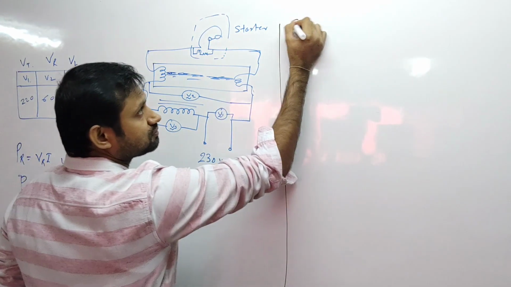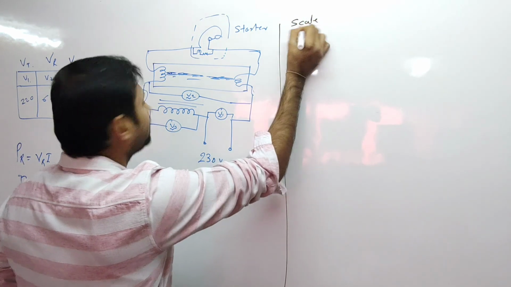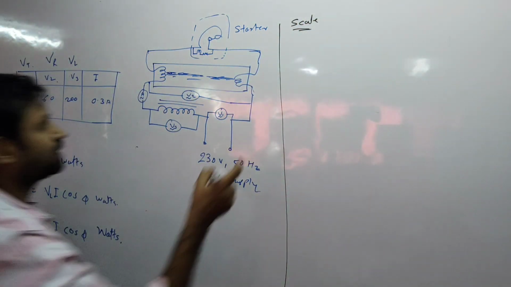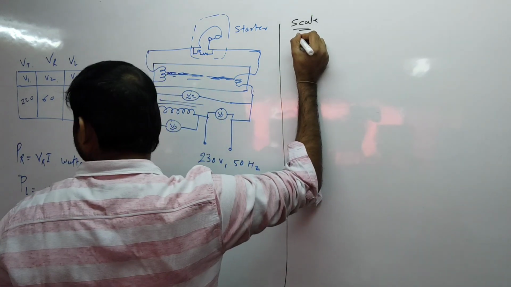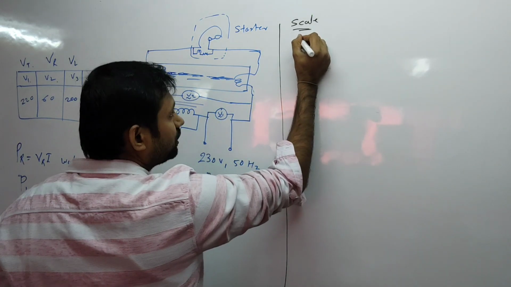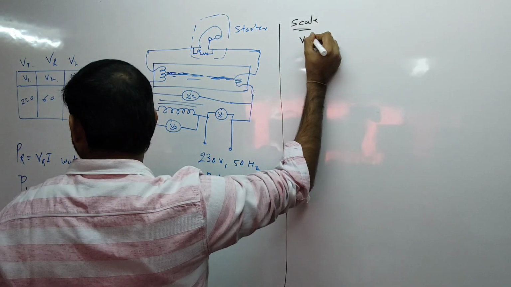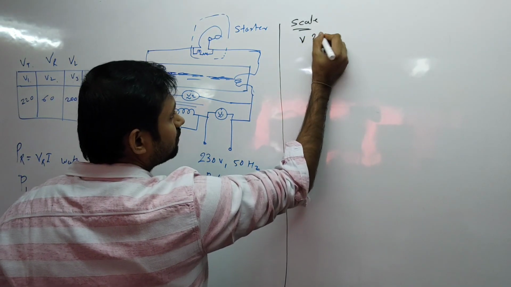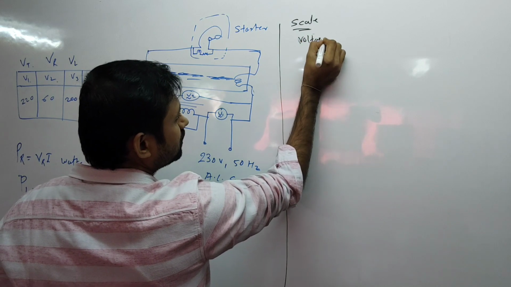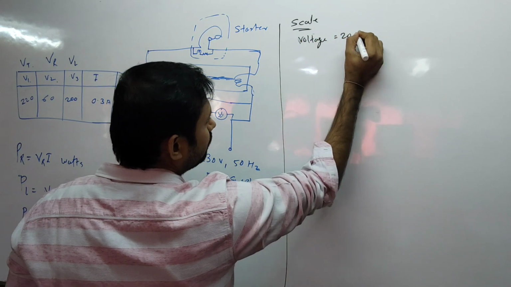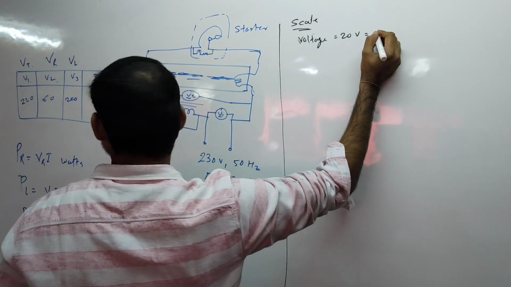Take a scale. Right now I'm putting some random value. For voltage, let's say 20 volts is equal to 1 centimeter.